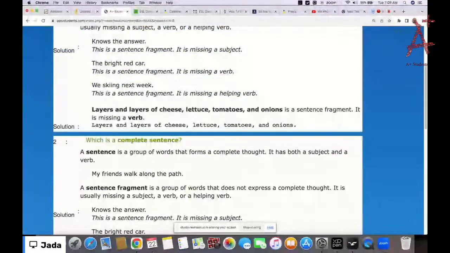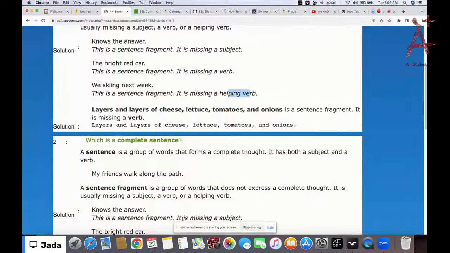This is a sentence fragment. It's missing a helping verb. It could possibly be we are going skiing next week, or we're going skiing next week, but it just says we skiing next week.